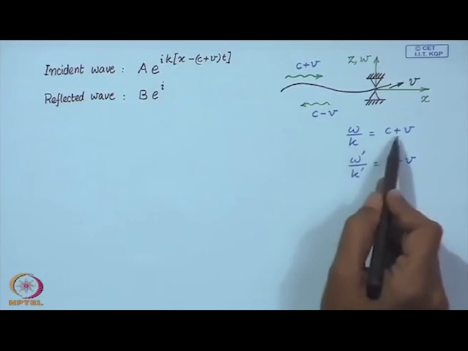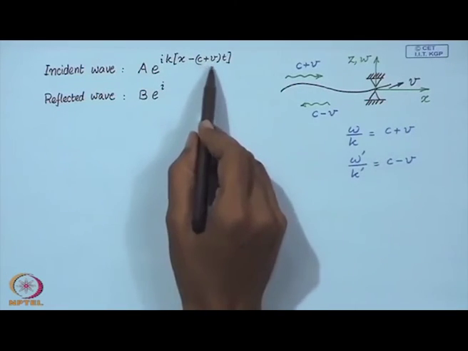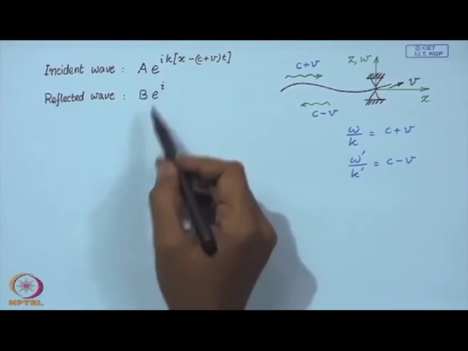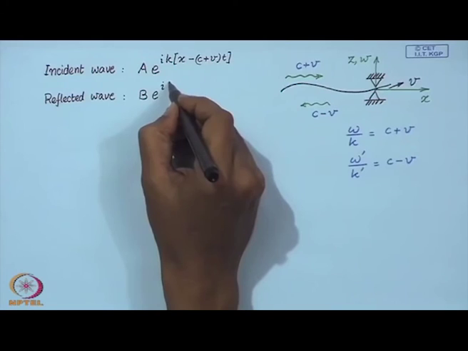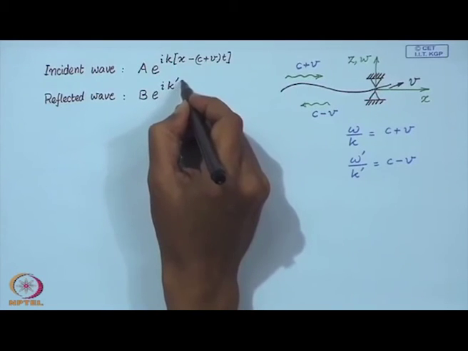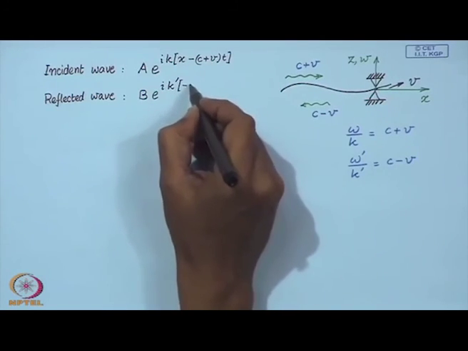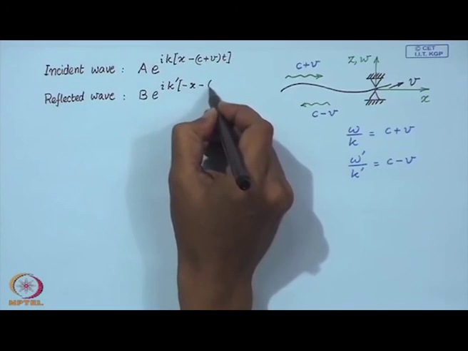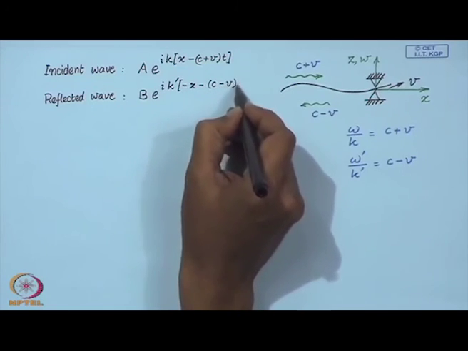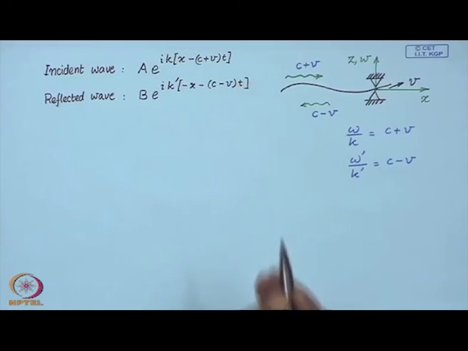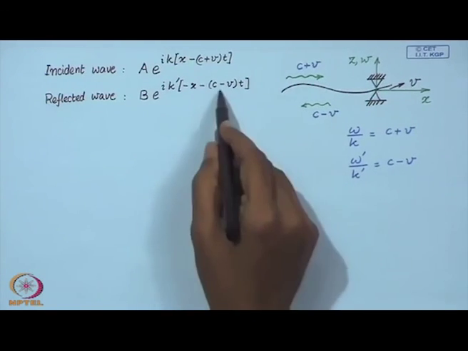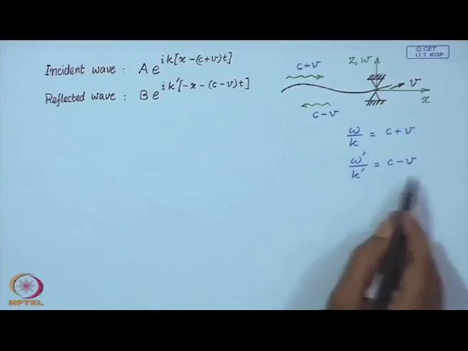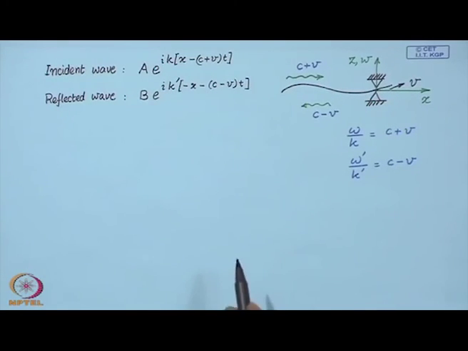Here I have replaced omega as c plus v into k. Now, the reflected wave can be represented like this, where I have replaced omega prime as c minus v times k prime, and k prime has been taken out common.